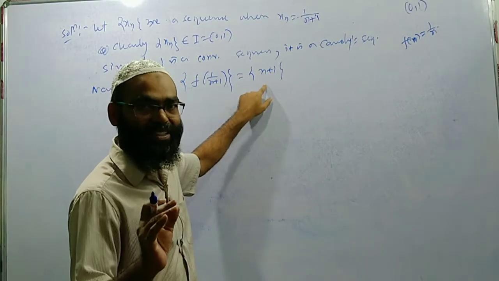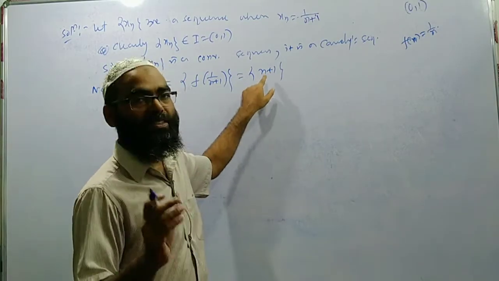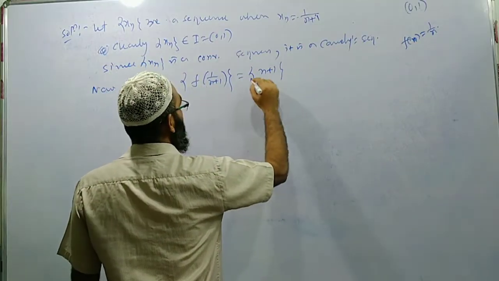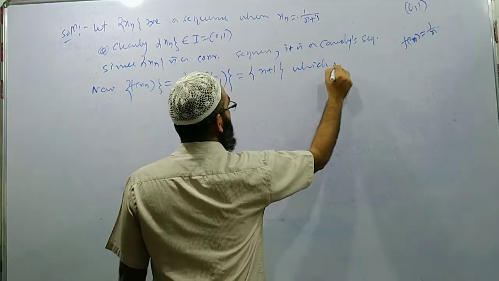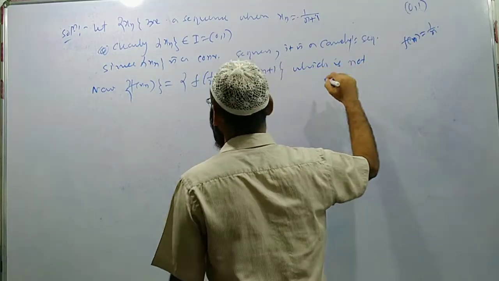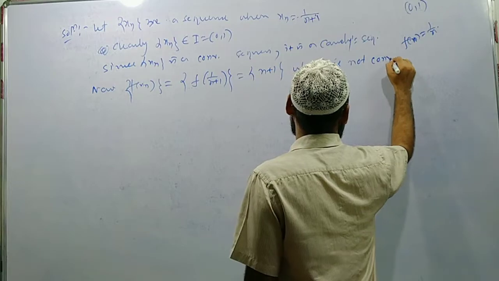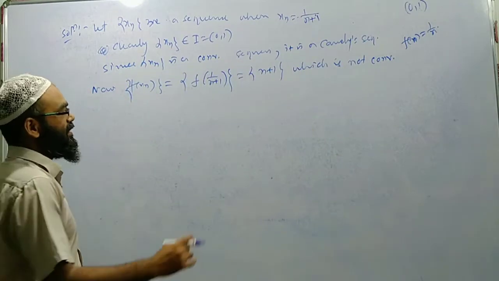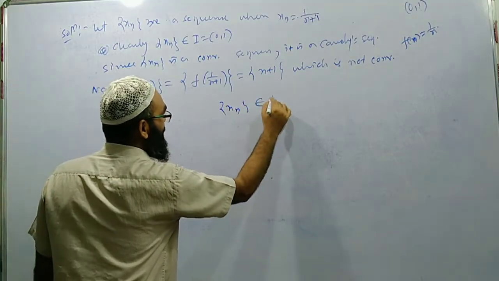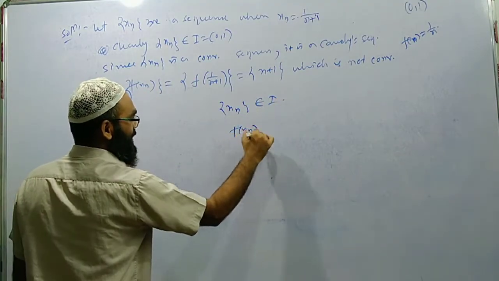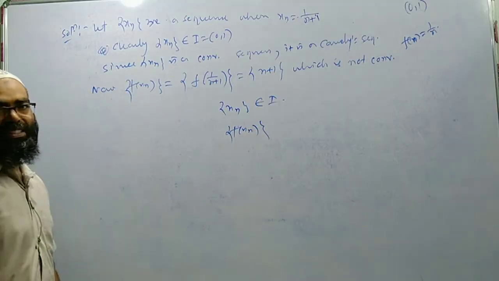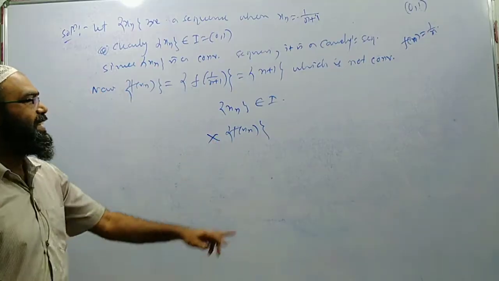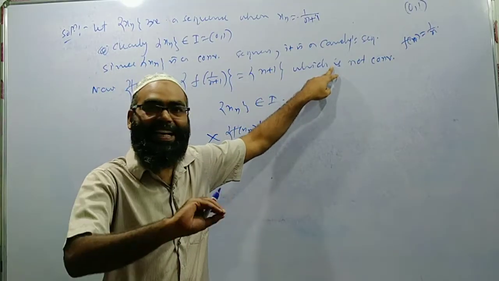This is a divergent sequence which diverges to positive infinity, so it is not convergent. So x_n is a Cauchy sequence from I, but its functional value sequence is not a Cauchy sequence. Since f(x_n) is not convergent, it cannot be a Cauchy sequence.